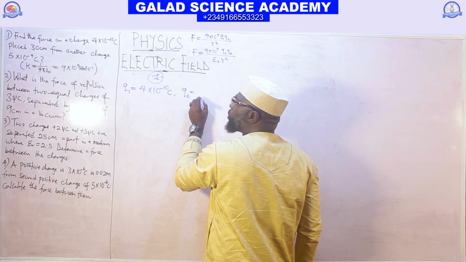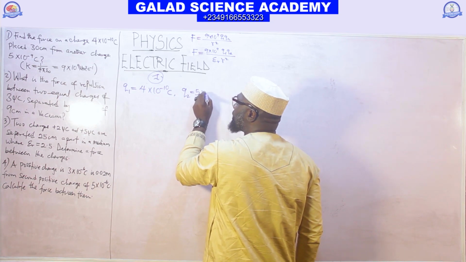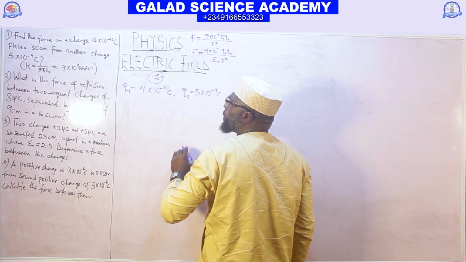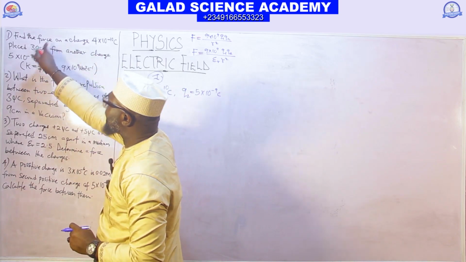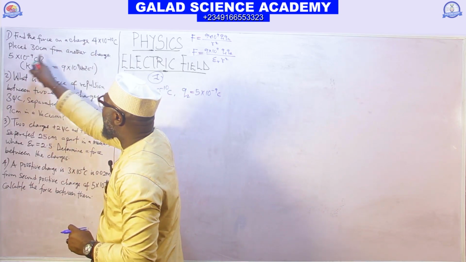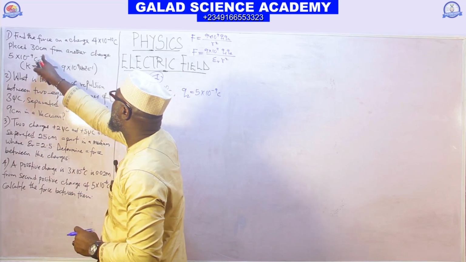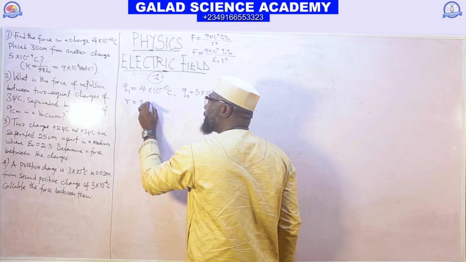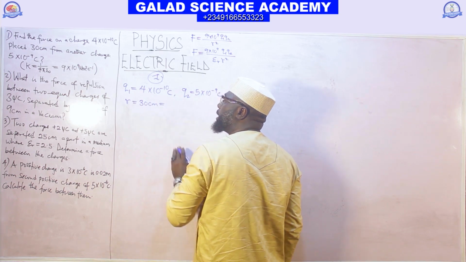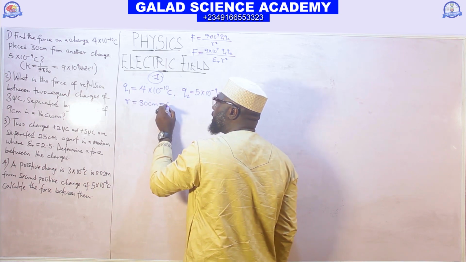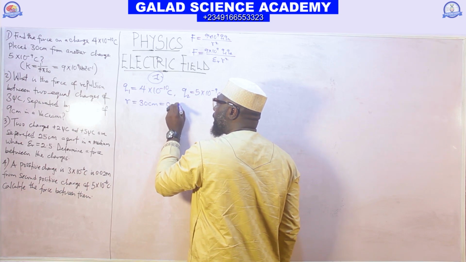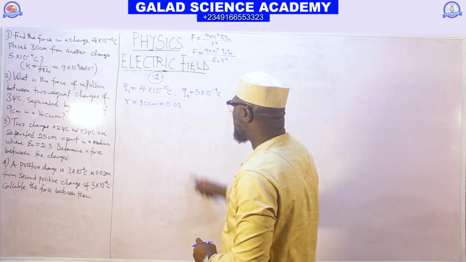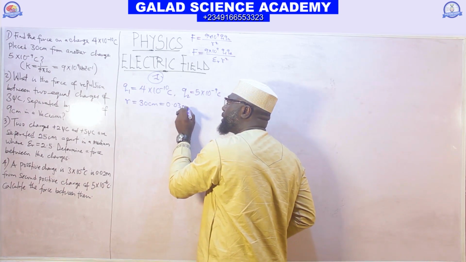Q2 is 5 times 10 raised to power minus 9 Coulomb. And the distance apart between the 4 and the 5 charges is 30, so our R is 30 centimeter. Centimeter into meter is 0.03, divided by 100, so in meter.